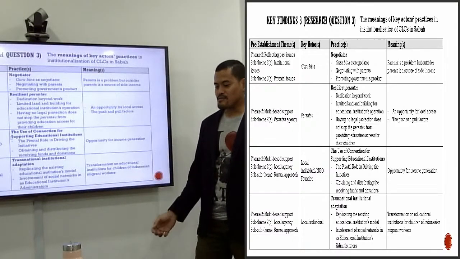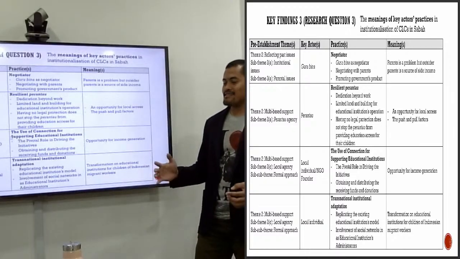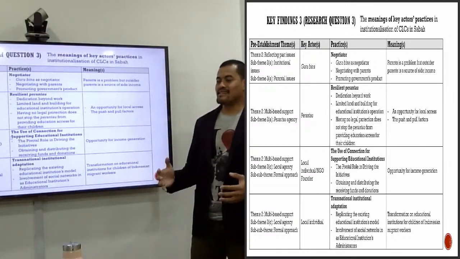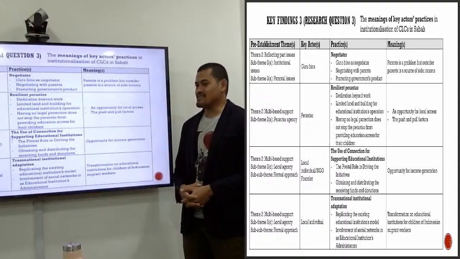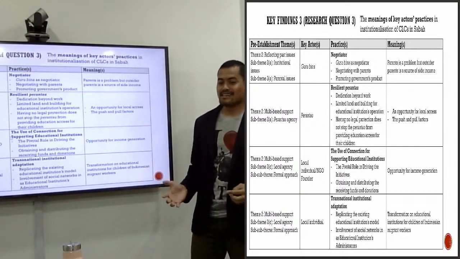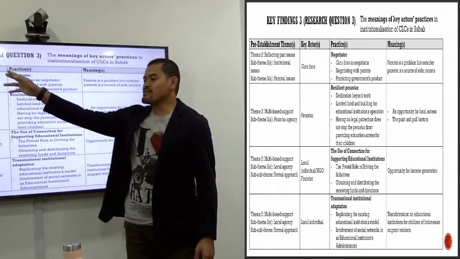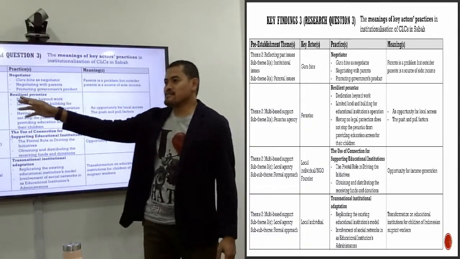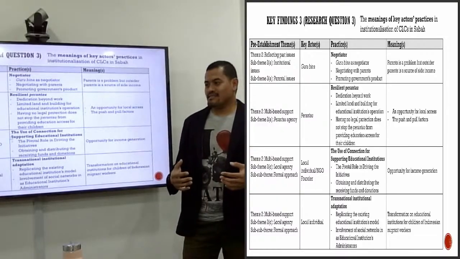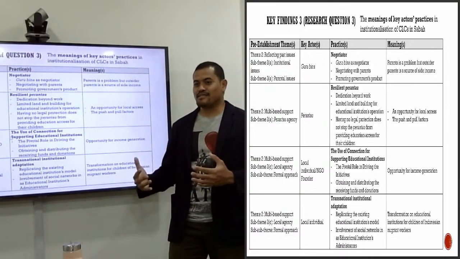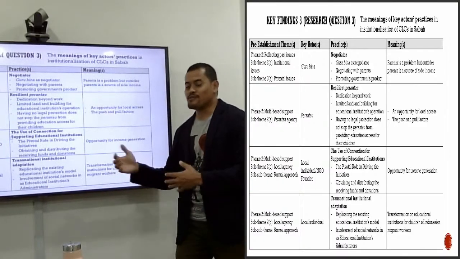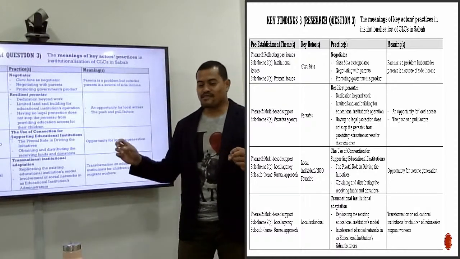With these characteristics, and not to forget, even before the existence of these community learning centers, some of these actors already had their own educational institutions. They call it sekolah swasta.